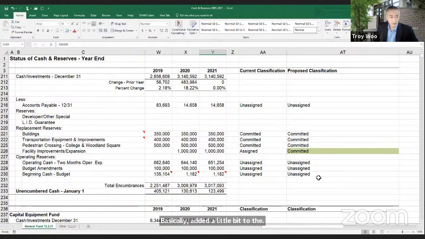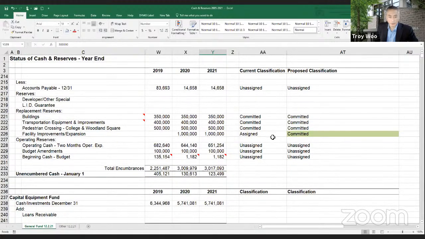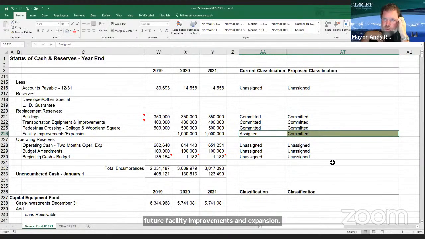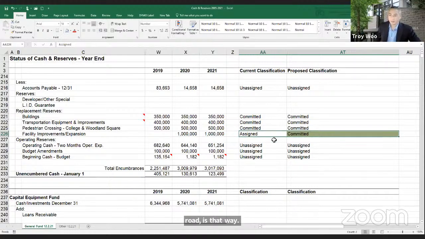City streets, the only change we're asking the council to consider is committing instead of assigning the reserve for future facility improvements and expansion. So I know that's also been a part of the discussion over at the Great Cuyo site on the other side of the road. Is that what you're thinking about? Well, I guess that's for public works, right?